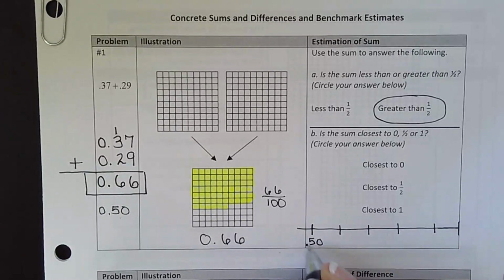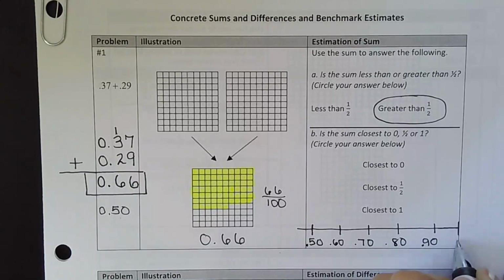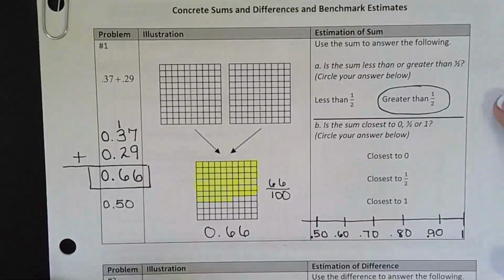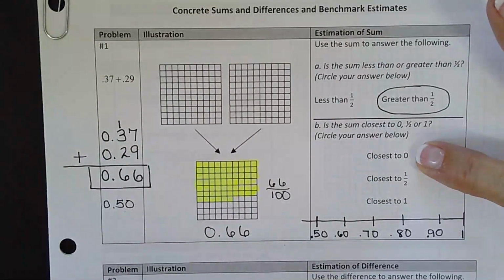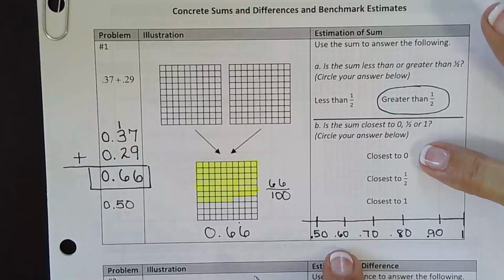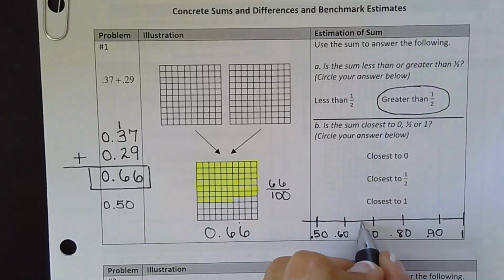So 0.50, 0.60, 0.70, just to give you a visual on this, 0.80, 0.90, and then this would be 1 whole. So I hope everybody agrees that it's not closest to 0, because 0 is way, way down here. So we need to decide 66 would be about right there, just a little over a half.